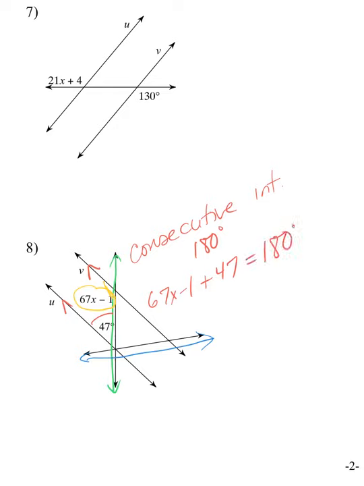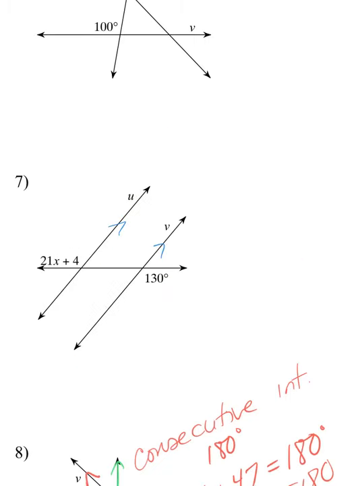Well, I'm going to show all my steps. So yes, it's 67 plus 46 equals 180. You continue solving for the x variable. You get 67x equals 134. Divide by 67. You get x equals 2.